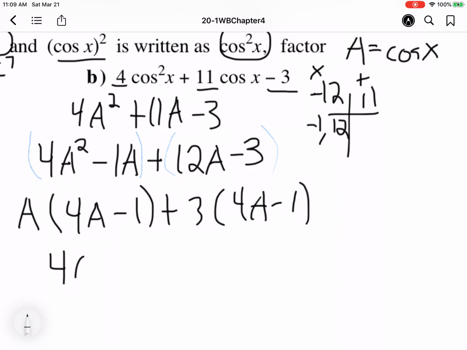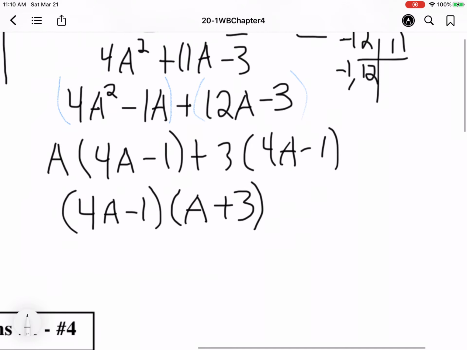Finish grouping. Sorry, finish decomposition. Once we get to the end, we always substitute back in our original values. Do not leave your answer like this because that's wrong.